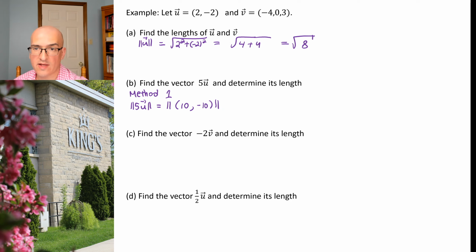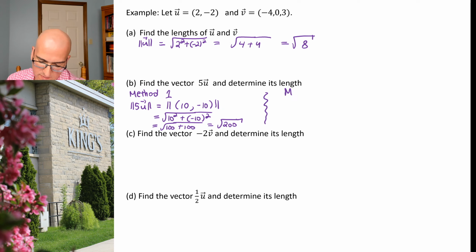I'm going to find that length using the formula that we just saw. So the square root of 10 squared plus -10 squared. So the square root of 100 plus 100, which is the square root of 200. Yes, that simplifies, but let's leave it alone.